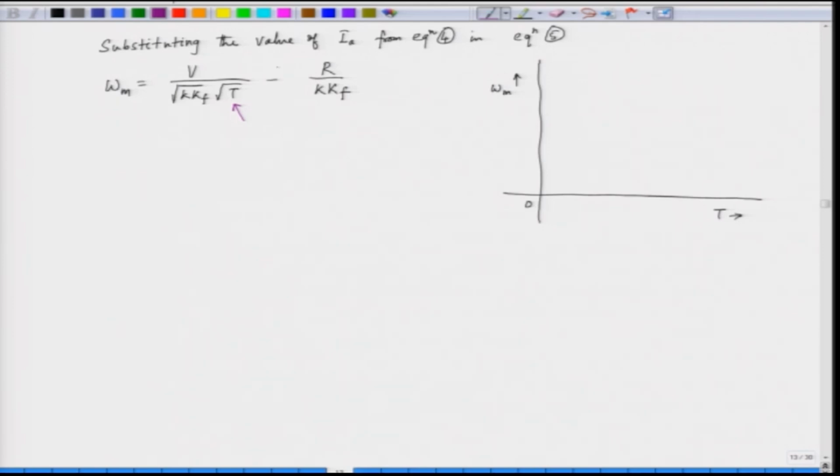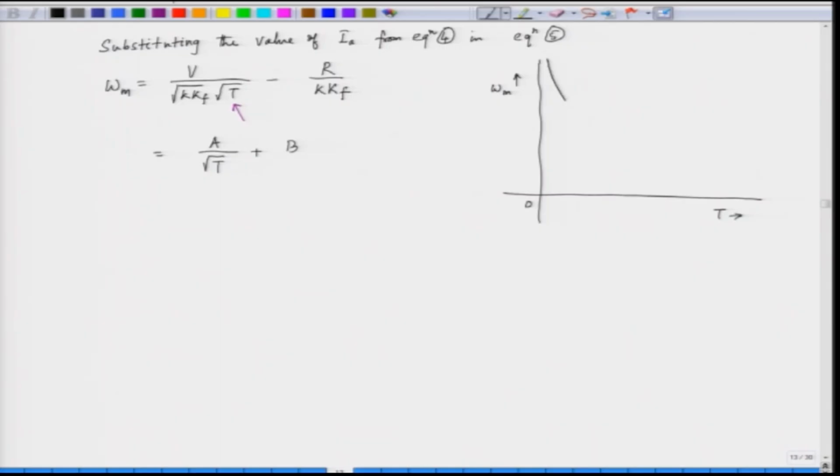So, we can rewrite this as A divided by under root T plus B, B is a negative quantity. So, if T is 0, the speed is infinity.